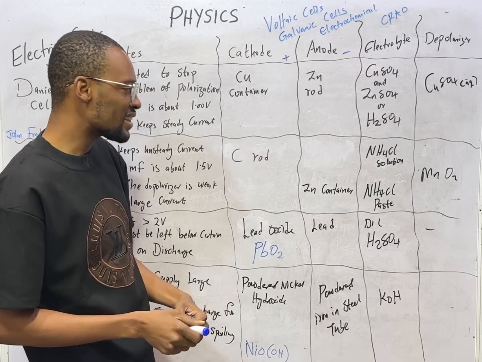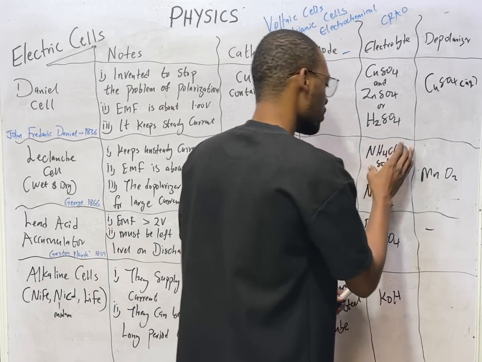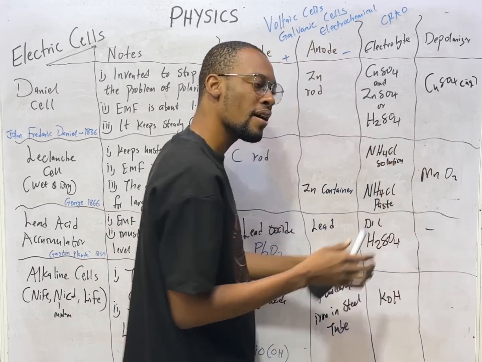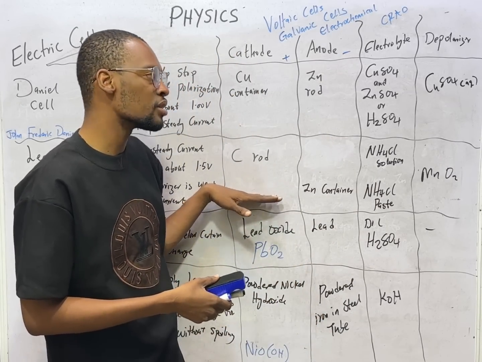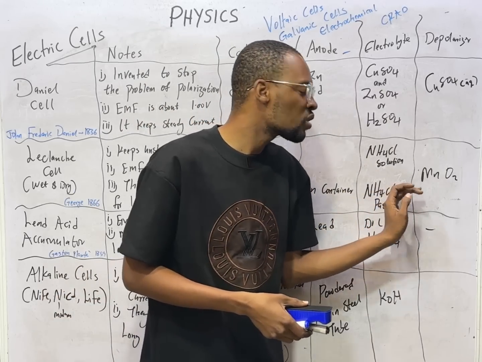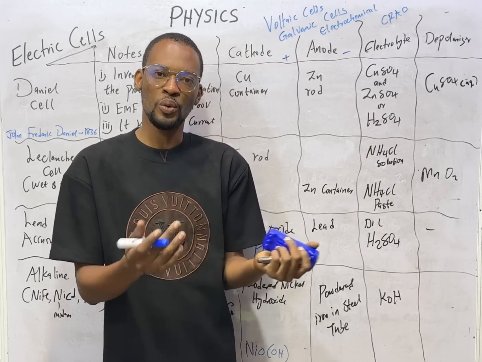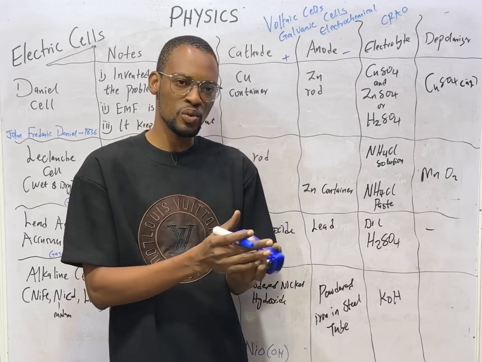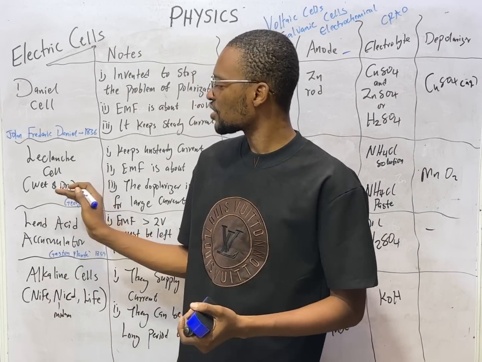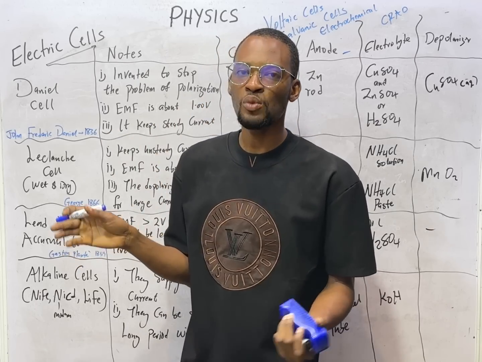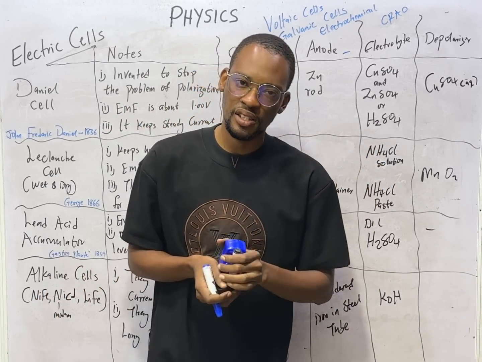For wet Leclanché cell, the electrolyte is ammonium chloride solution. While for dry Leclanché cell, the electrolyte is ammonium chloride paste. Solution means dissolved in liquid or in water. If you dissolve ammonium chloride in water and you use it as an electrolyte in Leclanché cell, you simply say, wow, that is a wet Leclanché cell.